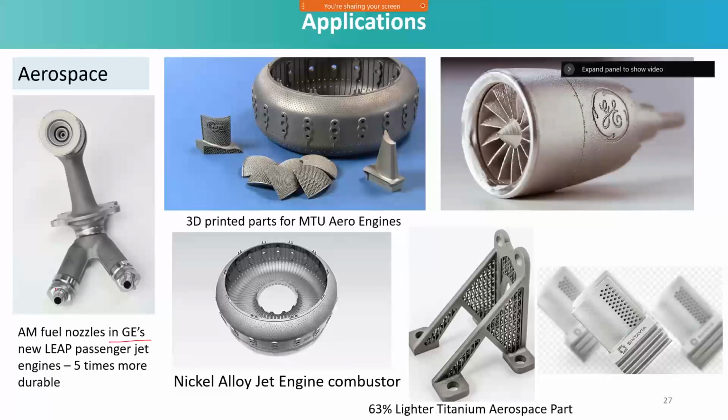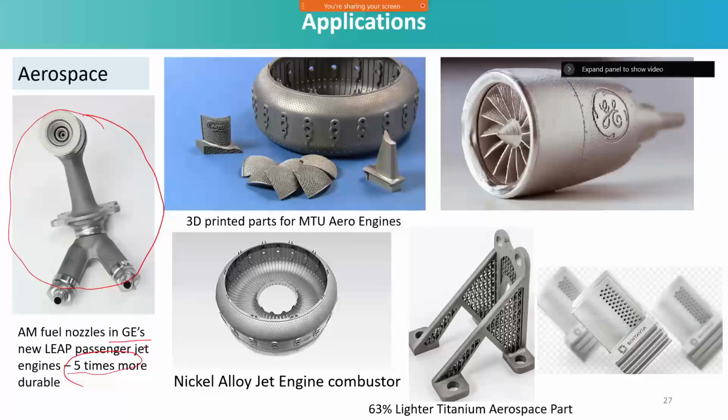But here they have reduced the number of parts and consolidated them to a minimum level, by which the durability has increased several fold, up to 5 times. This is one of the excellent examples of additive manufacturing, and why it provides a better futuristic technological solution.